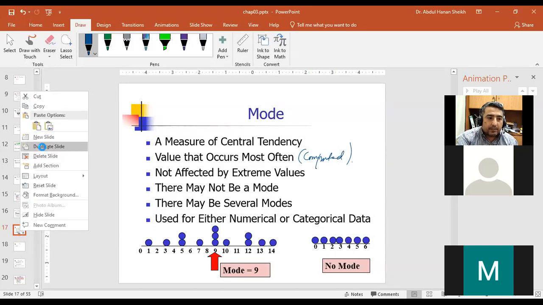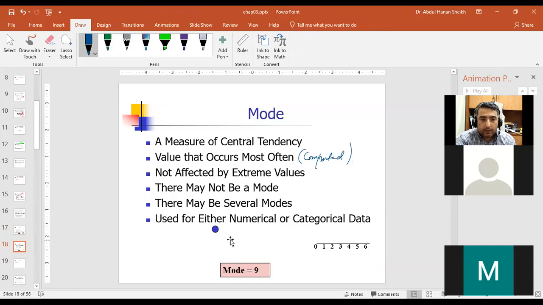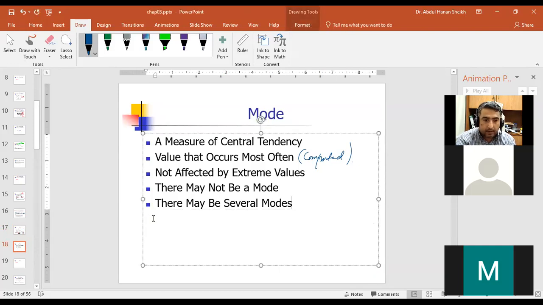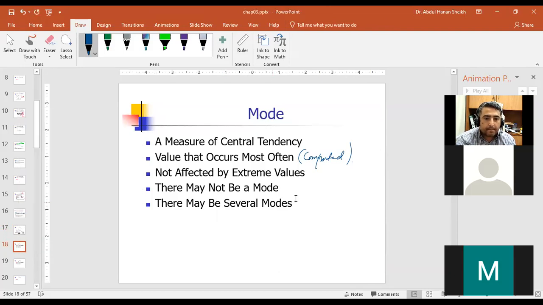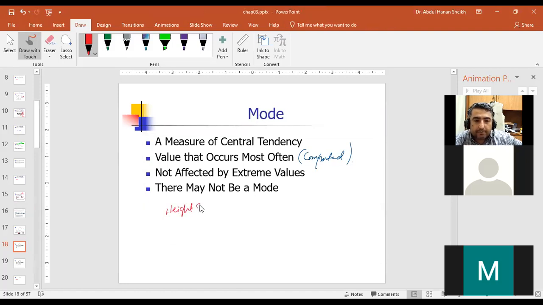Let me give you an example. How can it be that there is no mode at all? Consider this data. We have this very homogeneous data: height and number of people.